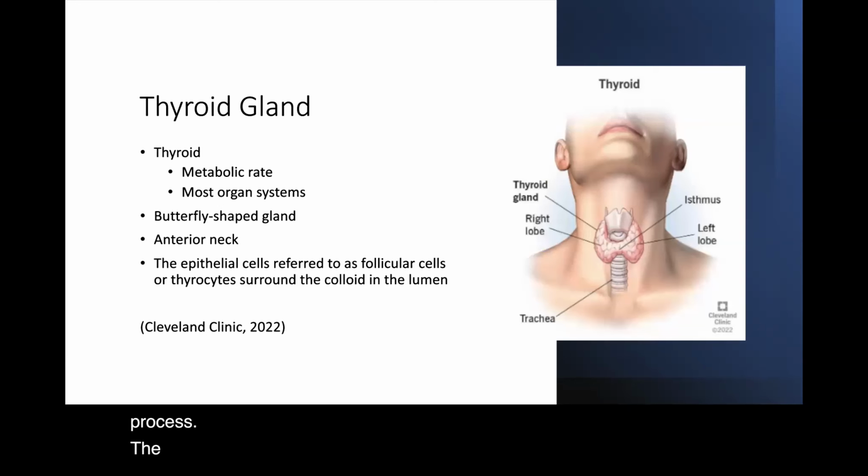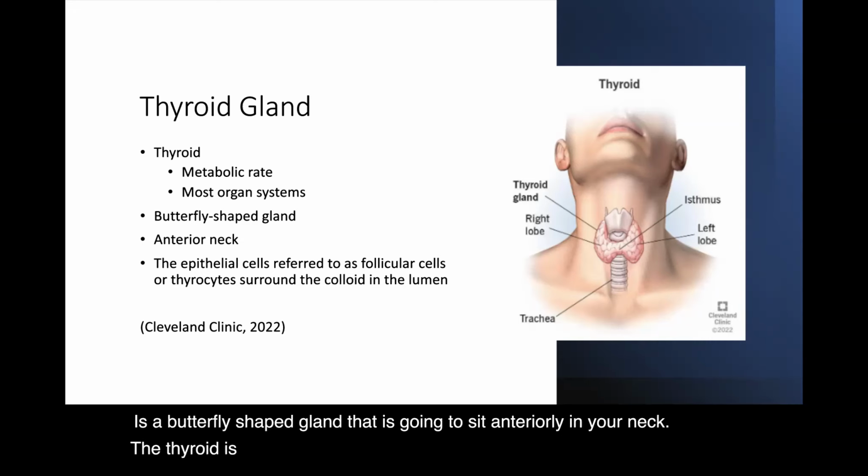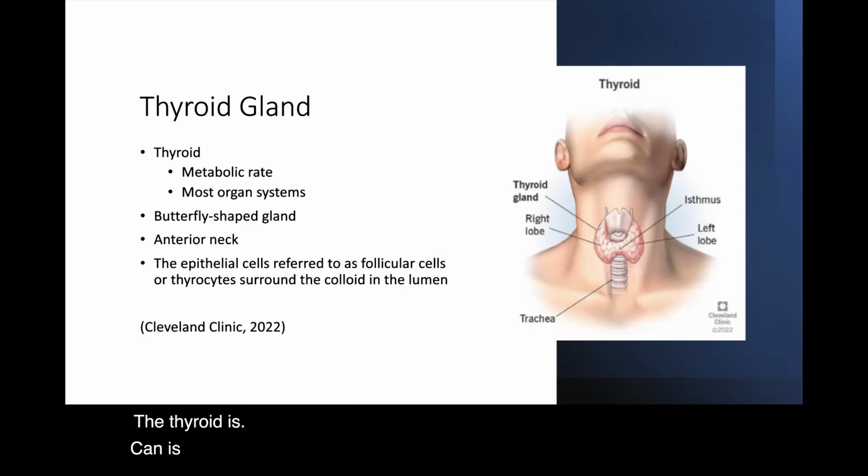The thyroid gland is a butterfly-shaped gland that is going to sit anteriorly in your neck. The thyroid is in charge of controlling metabolic rate within your body.